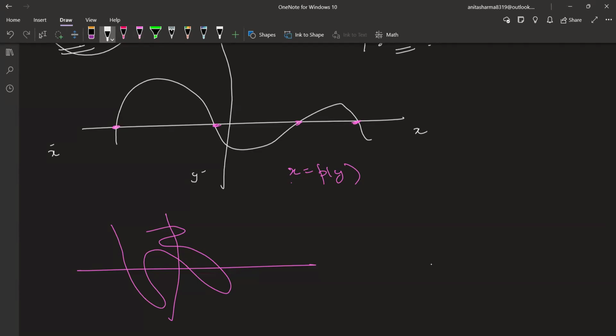Yeah, 4. See, count. Since the polynomial is in terms of y, you need to check your y-axis. So 1, 2, 3, 4. So again, the number of zeros is 4. Clear?